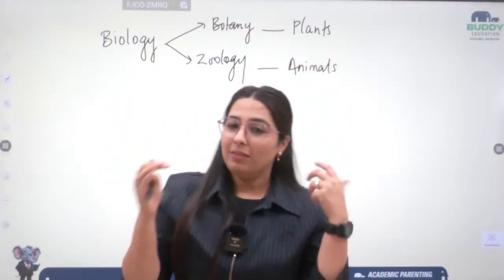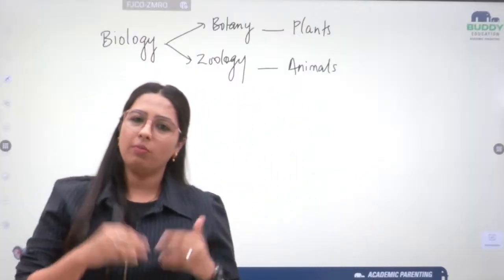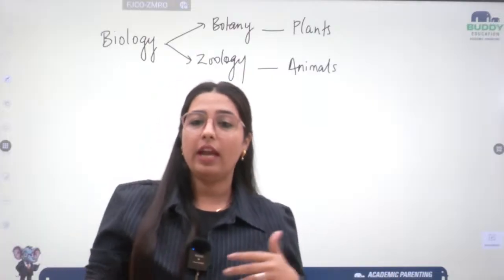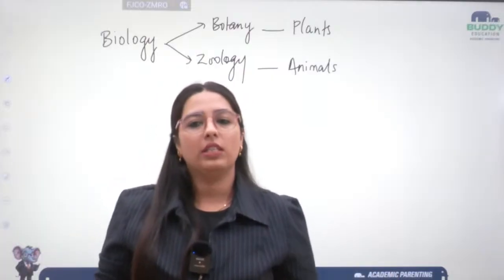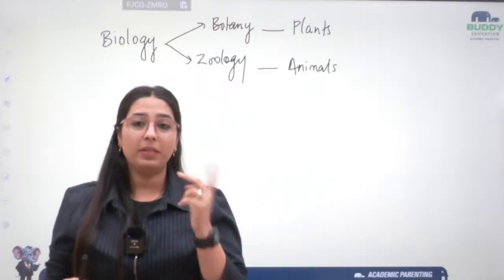So botany, plants; zoology, animals. There are more branches which we will study in 11th and 12th, but we'll discuss that later. Right now just understand that we have two branches.